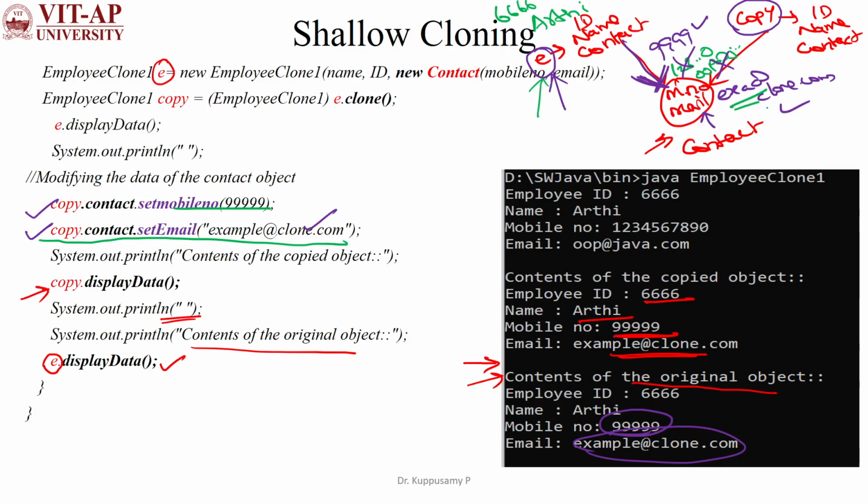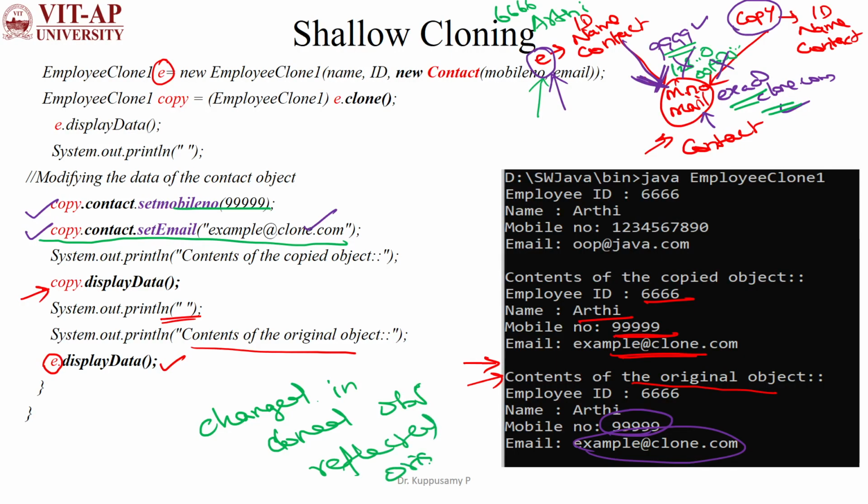So this is the main motive of shallow cloning: the data changed in the copied object, that means the cloned object, is reflected into the original object. That is the main motto of shallow cloning, right?